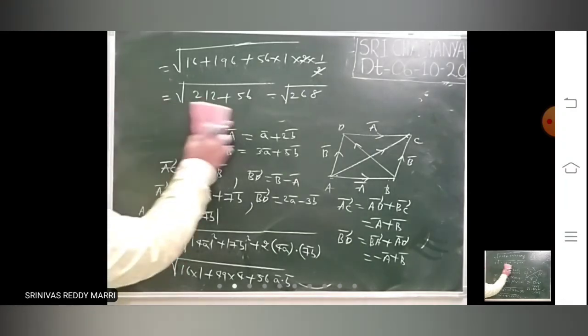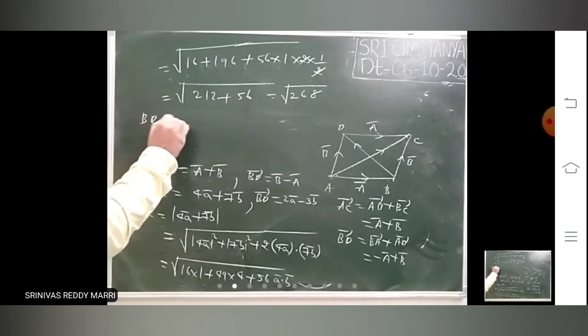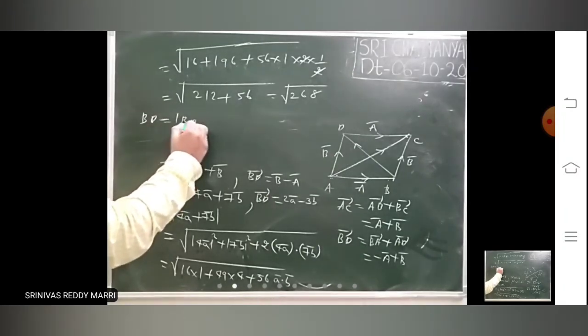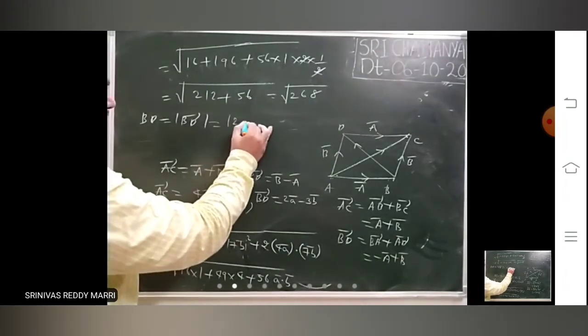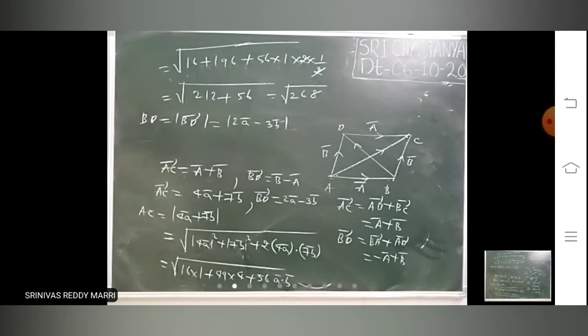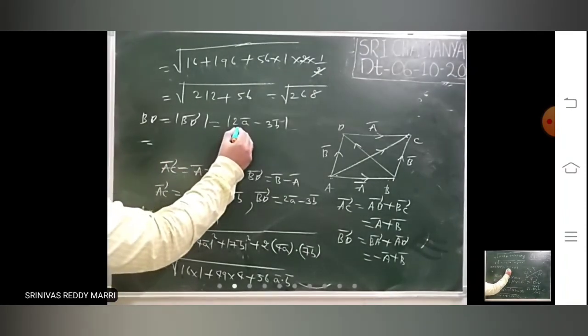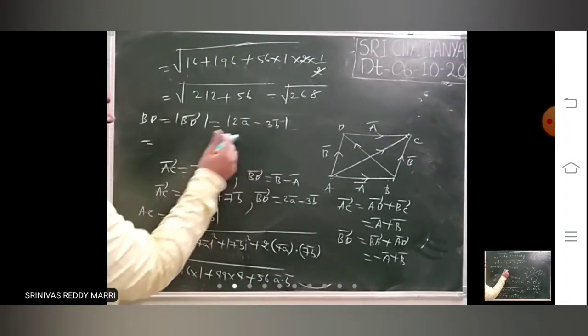Now another diagonal, last 2 minutes over. So BD is nothing but the modulus of BD bar, that means the modulus of 2A bar minus 3B bar. So now this is A bar, which is 2A bar, and B bar is 3B bar.